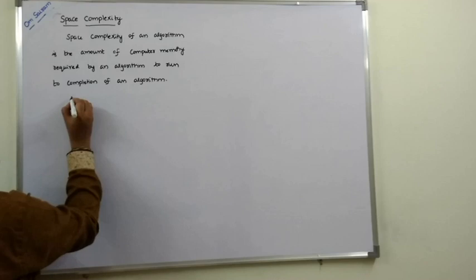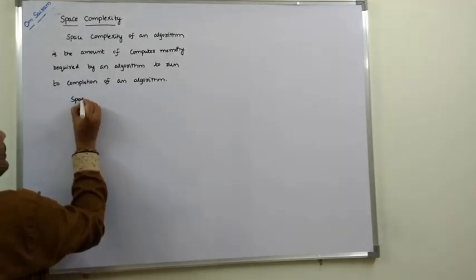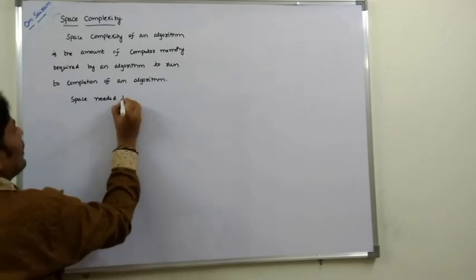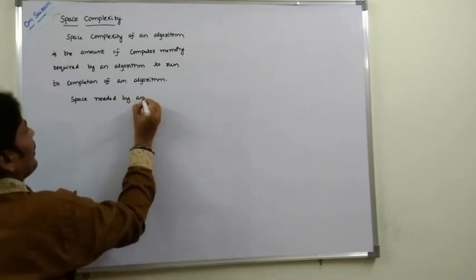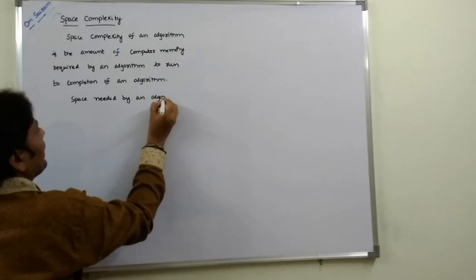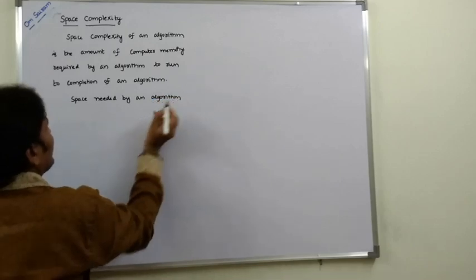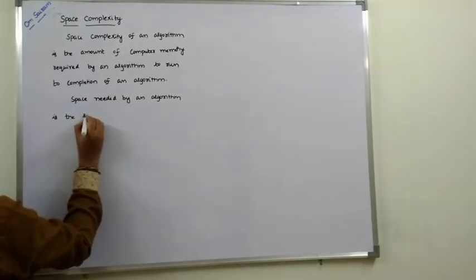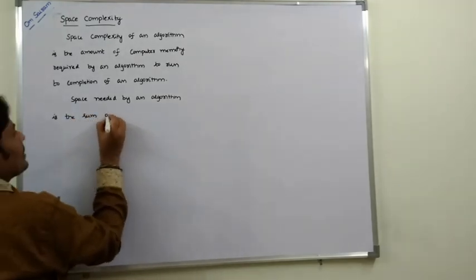So next, space needed by an algorithm is the sum of two components.